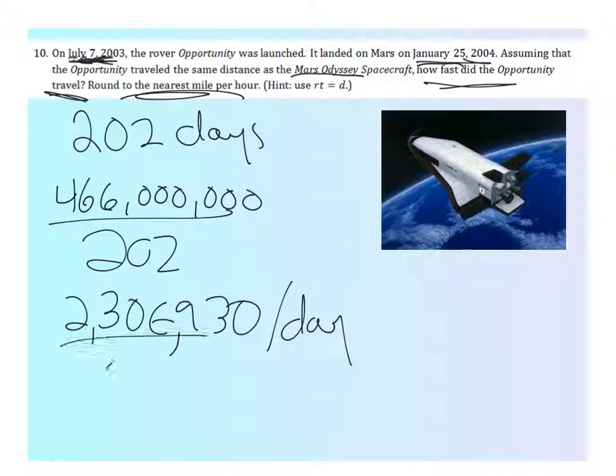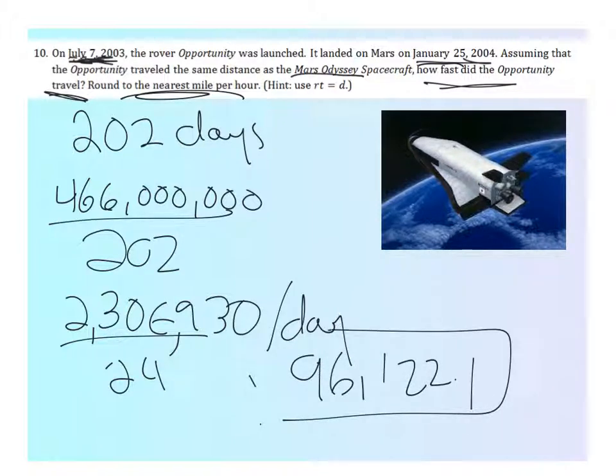So per hour, I want to divide it by 24 again. So that's going to be 96,122.1. So roughly 96,122 miles per hour. Okay, that's all I got. Come talk to me with questions.